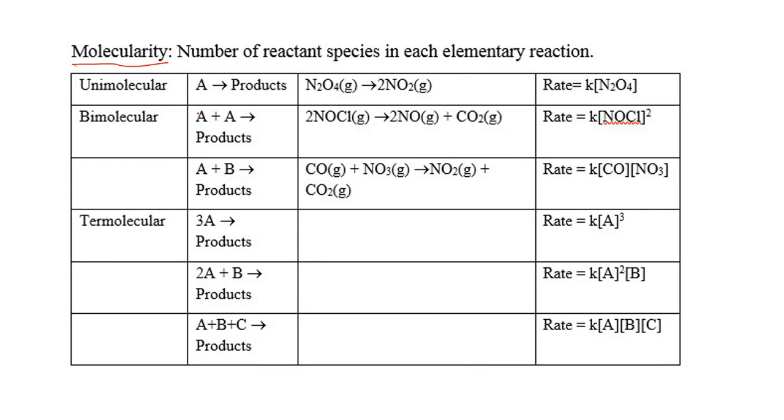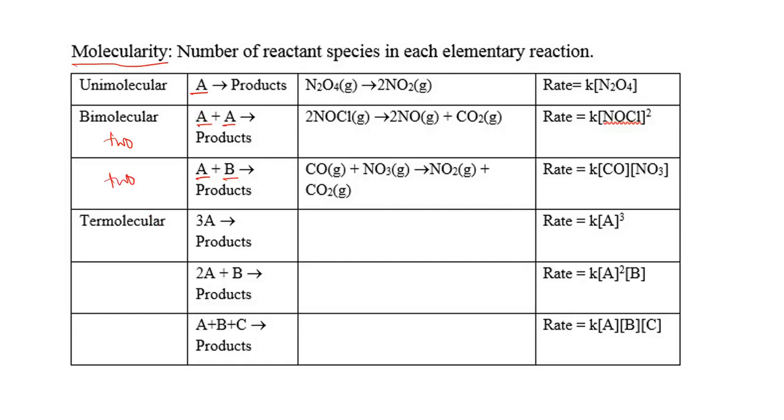For example, this one has a single species, A, to give products. It is called unimolecular because there is only one reactant species. This one is called bimolecular because it has two reactant species. This one also has two reactant species, also bimolecular.